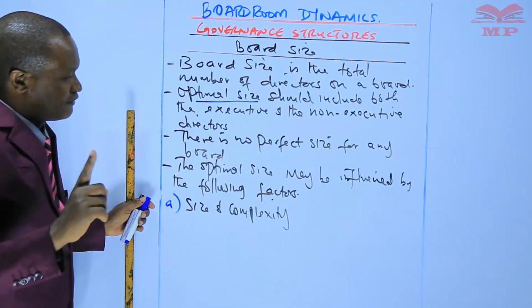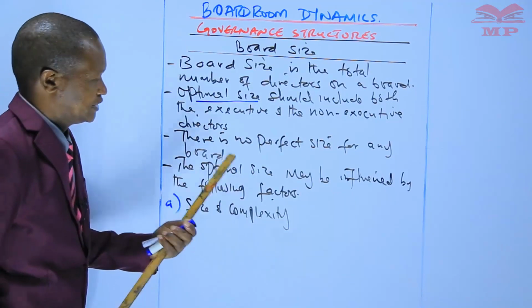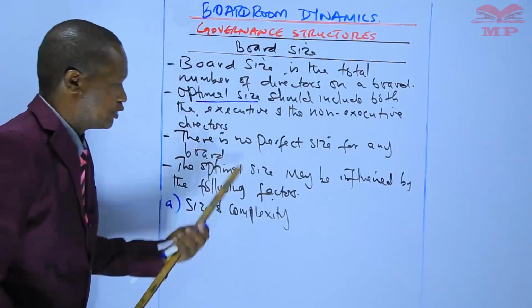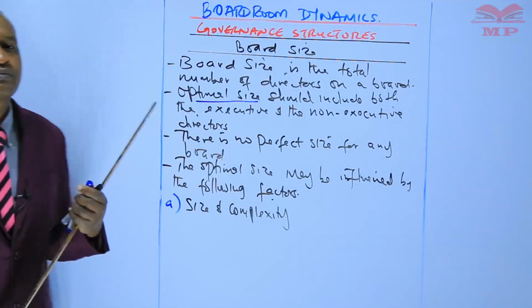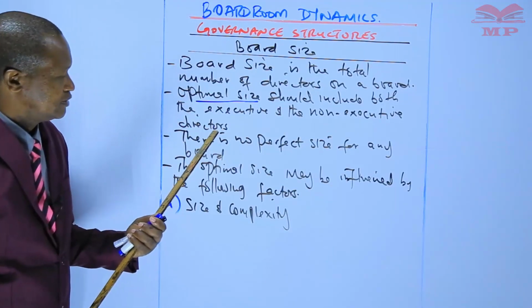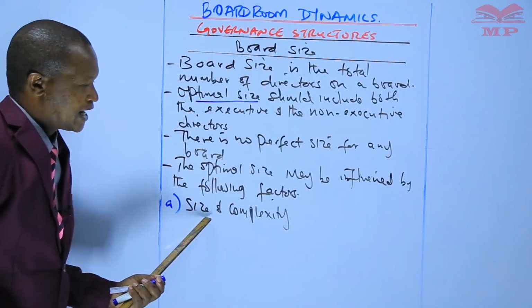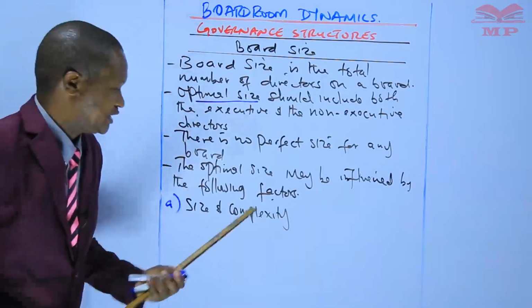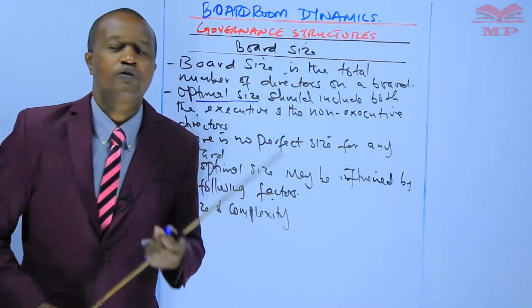That is a factor that will determine the optimal size of the board of an organization. The size of that organization and the complexity of the business that the company engages in will determine the optimal size of the board.